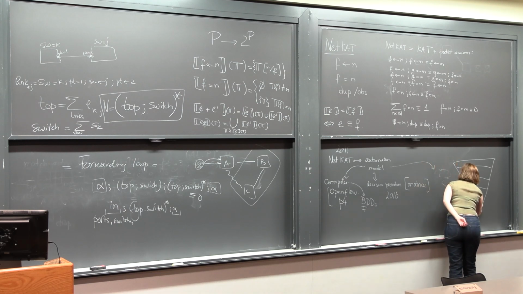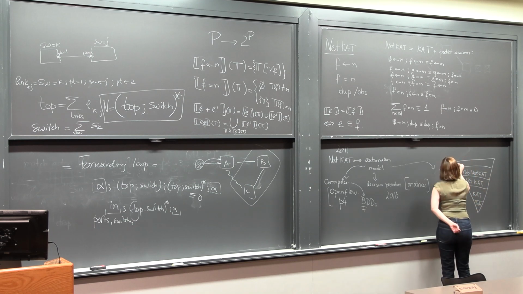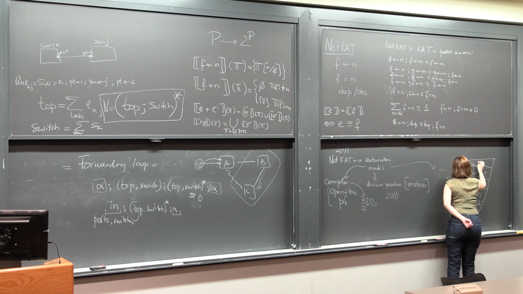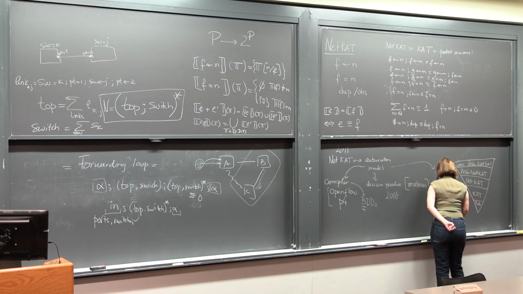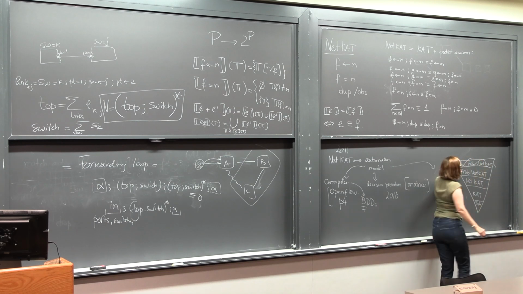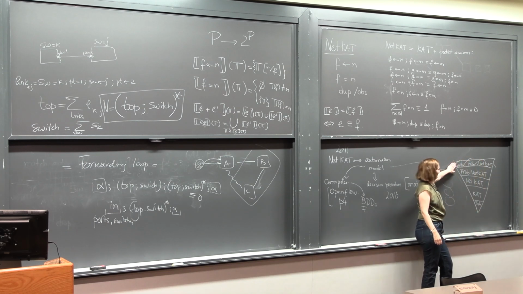And so we have KA, and we have CAT, and we have NetKAT, and we have ProbNetKAT, which is a probabilistic version of NetKAT. And then we wanted to have concurrent ProbNetKAT. That was the dream. Except the cat fell down, and it turned out that this is not possible as a stack.